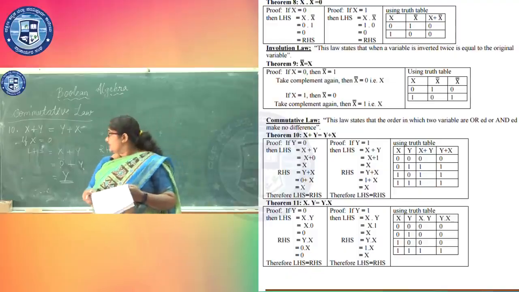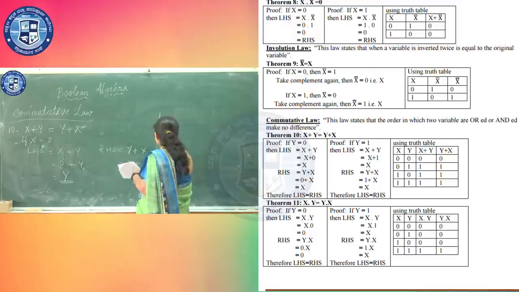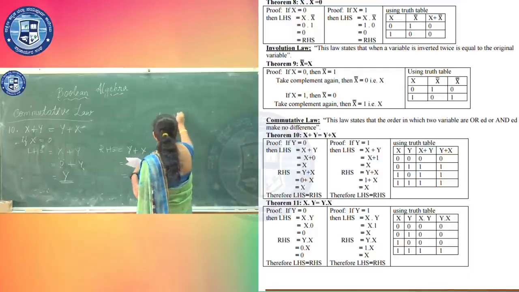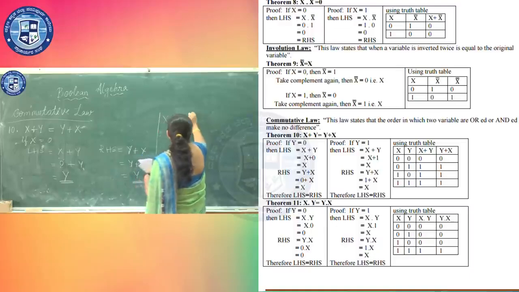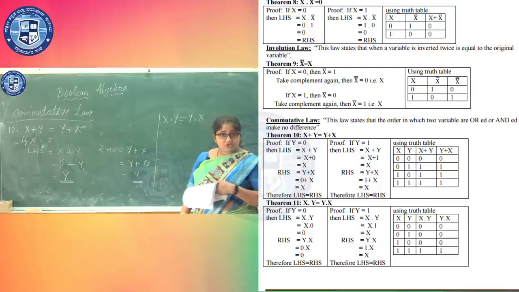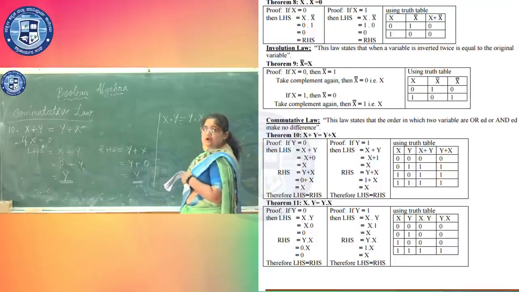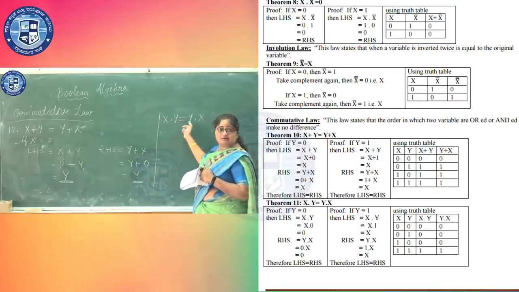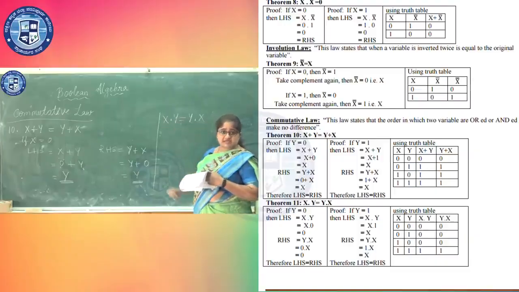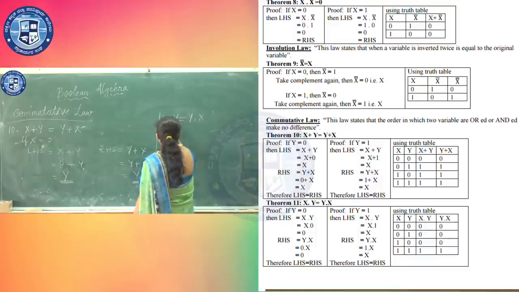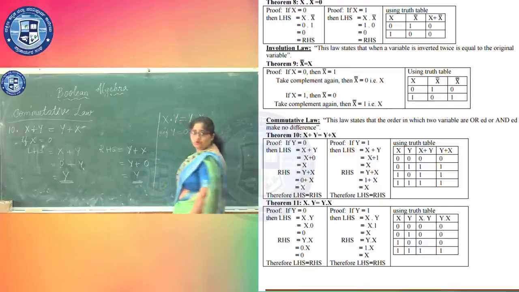Next we have theorem 11, the 11th theorem, that is x and y and y and x. X dot y and y dot x, or you can say x and y and y and x, it doesn't make any difference. So again here also we shall take the value of y to be 0.